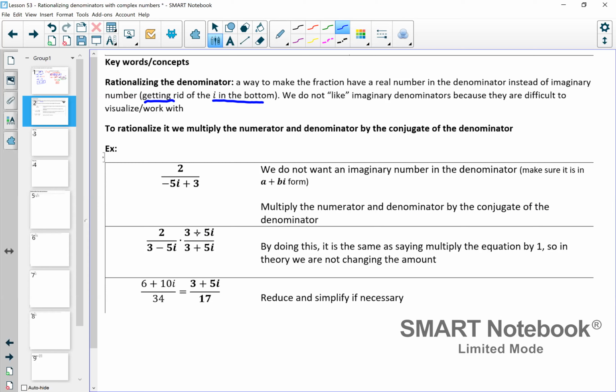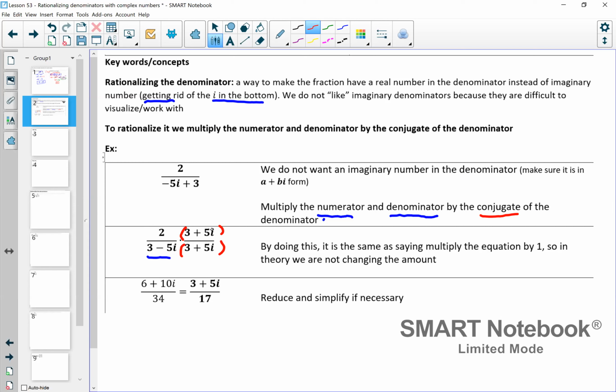Now we have to multiply the numerator, which is the top term, and the denominator, this bottom term, by the conjugate. So right here, this is our conjugate. And we're simply multiplying it to get rid of this bottom imaginary number.